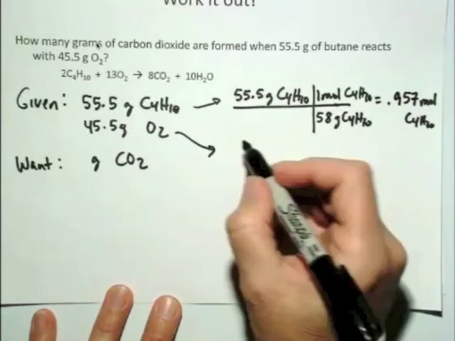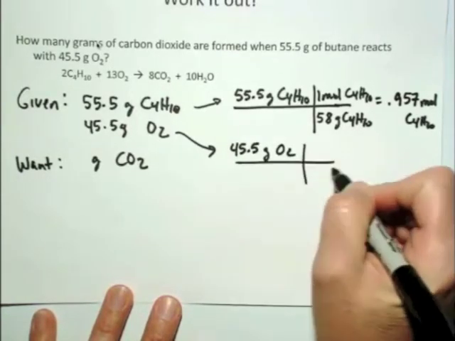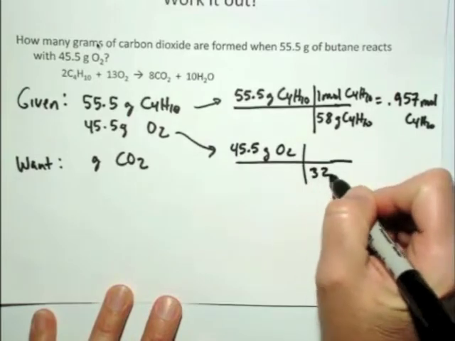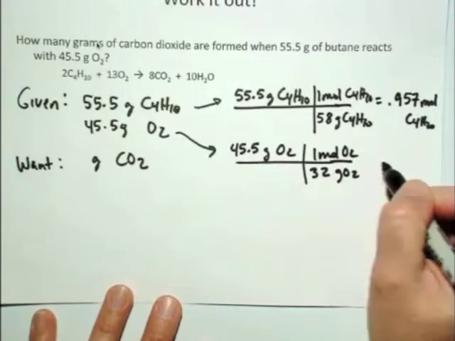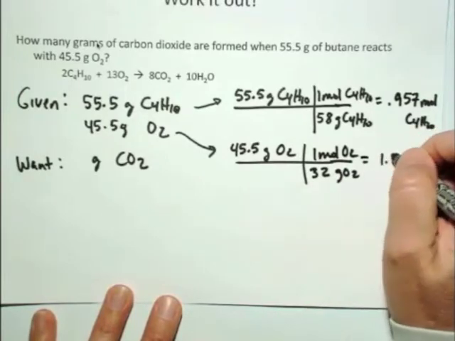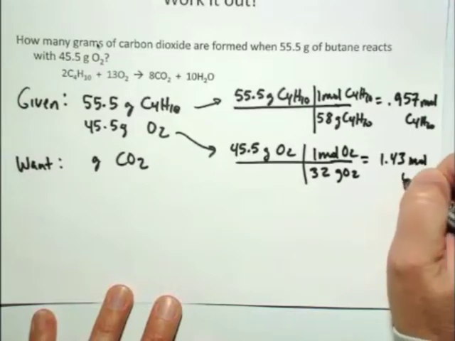And in this case we have 45.5 grams of oxygen multiplied by the inverse of the molar mass, which is 32 grams of oxygen per mole of oxygen. That'll give us units of moles, and we have 1.43, let's say, moles of oxygen.